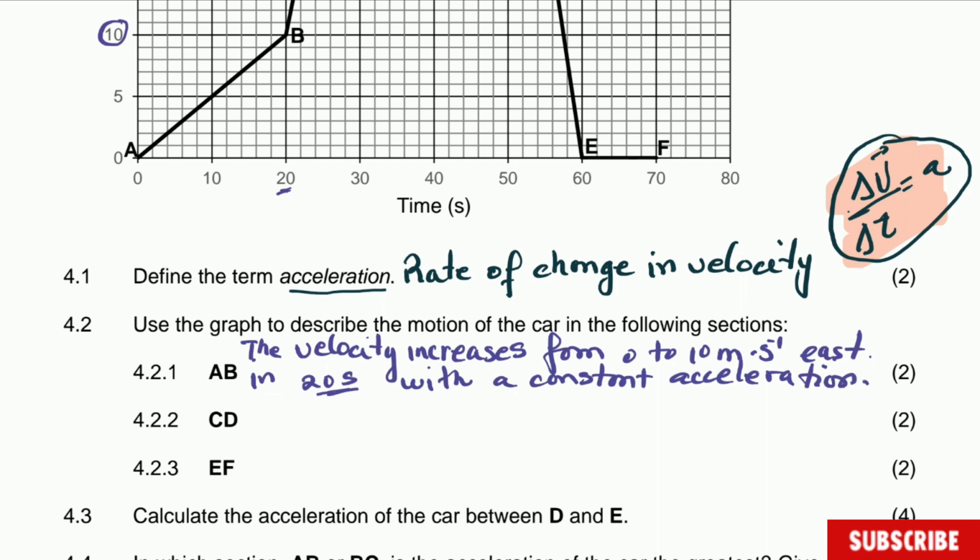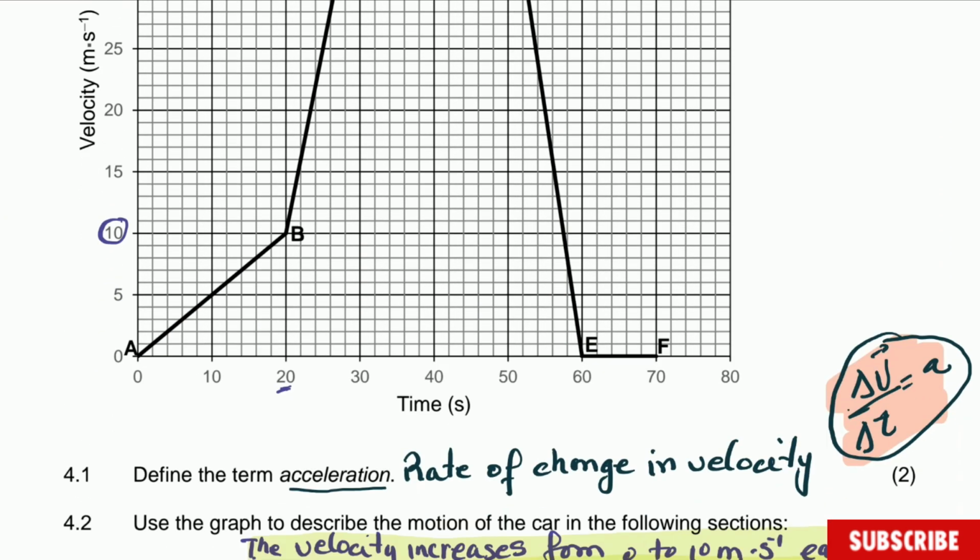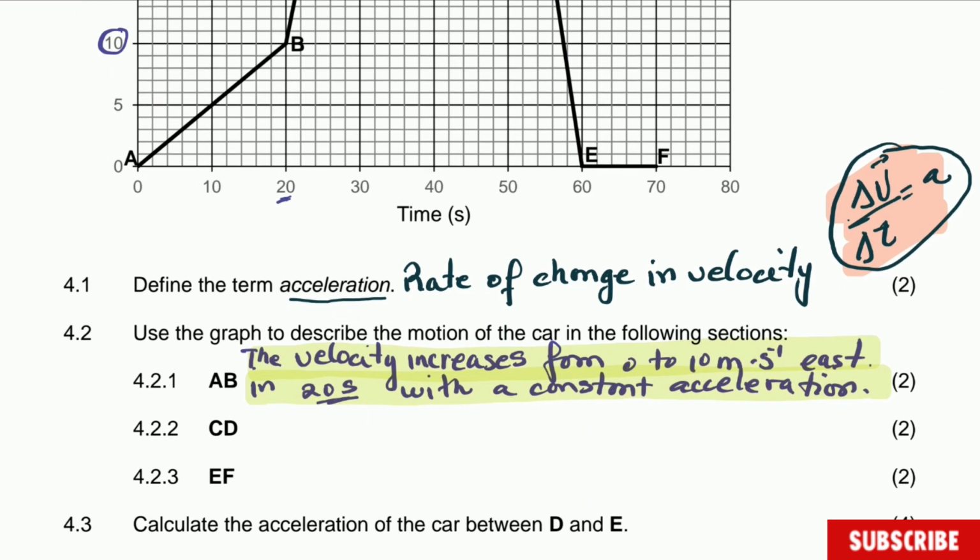That is what you're supposed to say here. Quickly review: the velocity increases from 0 to 10 meters per second east in 20 seconds with a constant acceleration. That was AB. BC is not there.